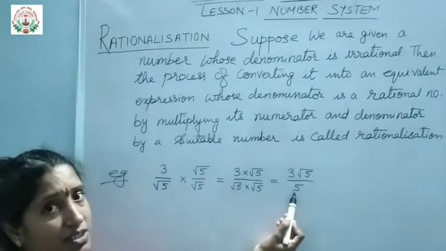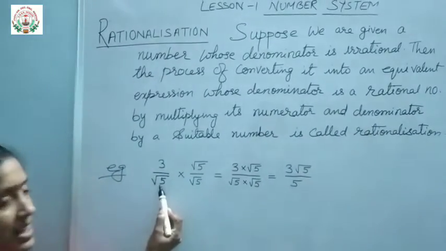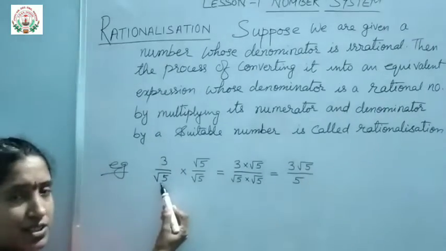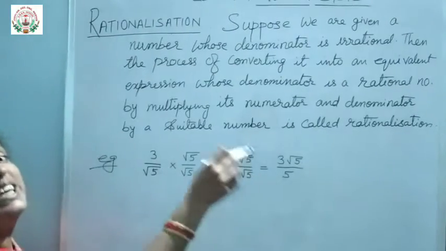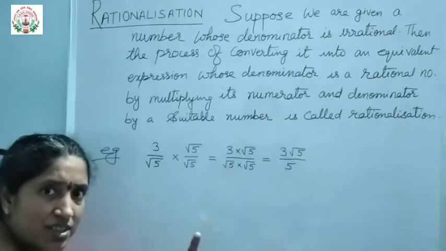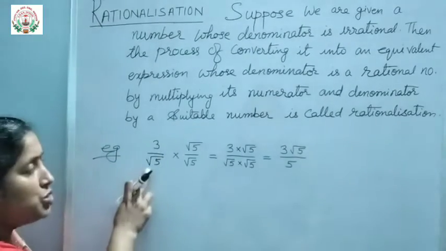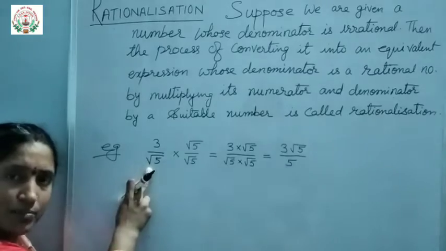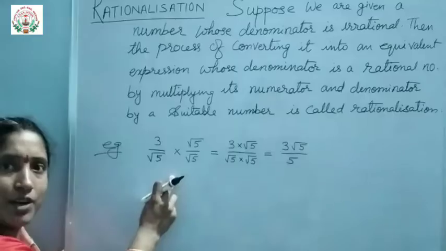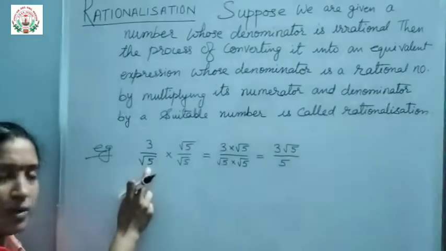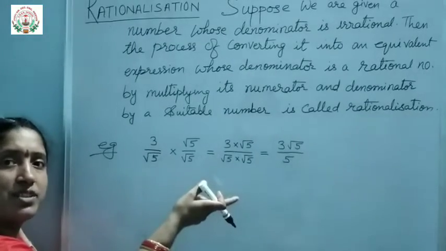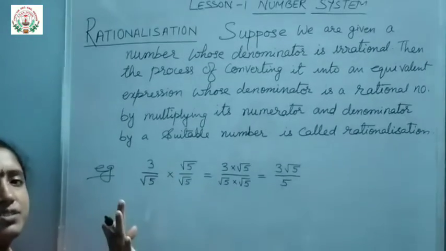Changing the denominator from irrational to rational is called rationalization. Clear, children? What is rationalization? Any number whose denominator is irrational, multiplying some number to the numerator and denominator so that the denominator becomes rational, is called rationalization.